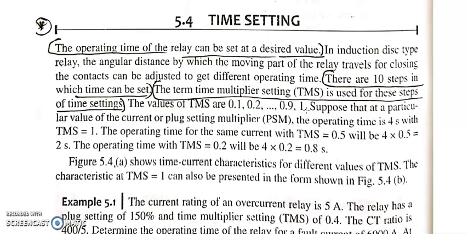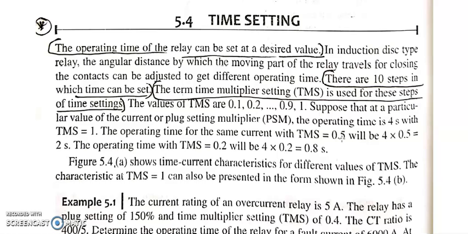Let us take a particular instance. Let us say our plug setting multiplier is set to a certain value, and the operating time is 4 seconds with TMS equal to 1. Now for the same current, that is the plug setting multiplier, if I want to reduce the operating time, then I have to reduce the value of TMS to 0.5.